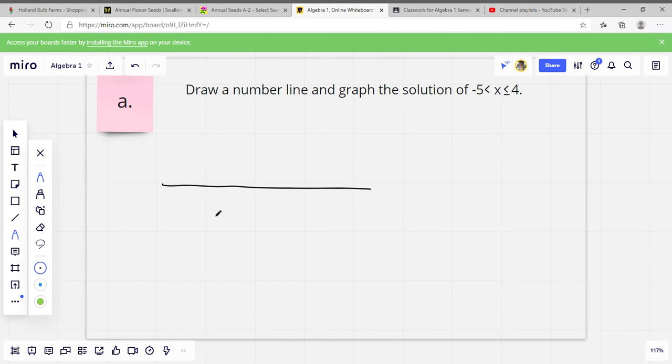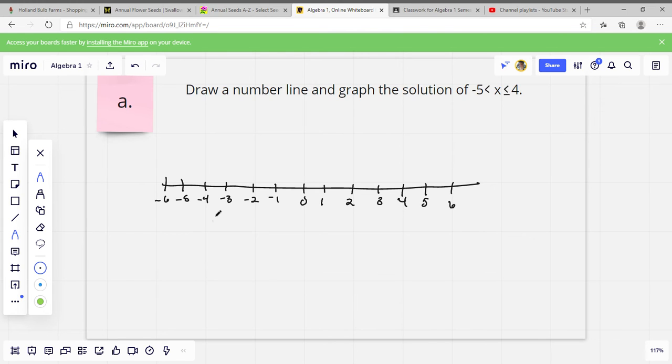So I'm just going to draw a number line. And I know my lowest needs to be around, I'll do -6, -5, -4, -3, -2, -1, 0, 1, 2, 3, 4, 5, and 6.